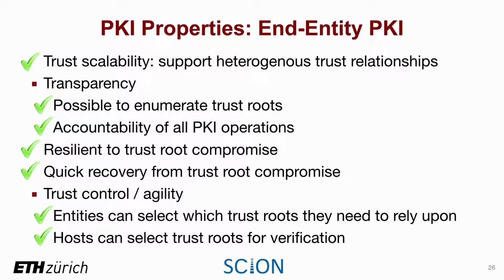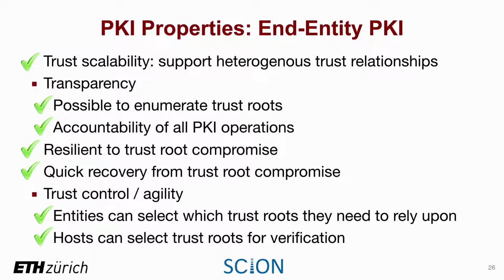And also, all PKI operations become accountable thanks to the log servers. We also have resilience to trust root compromise, because one can specify the requirement for multiple signatures on SCPs or MSCs. And so any single failed CA or any compromised key cannot be used to create fake certificates.